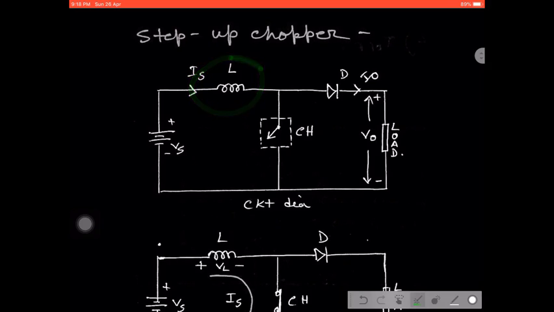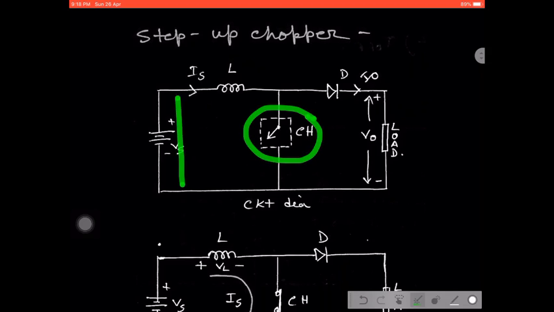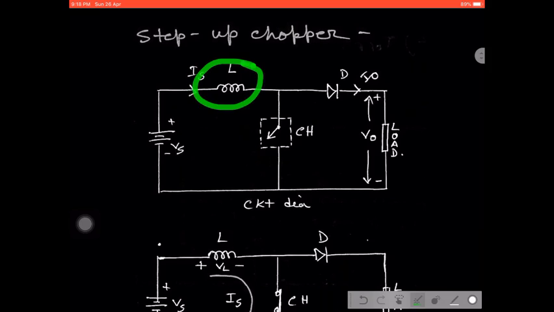This is the circuit diagram for the step up chopper, where we are using the switch or thyristor across the voltage source, not in series with the voltage source as before, and we are connecting an inductor in series with the supply, and a diode is there to block the voltage, for a charging or discharging path.